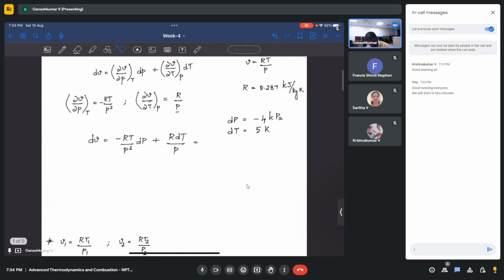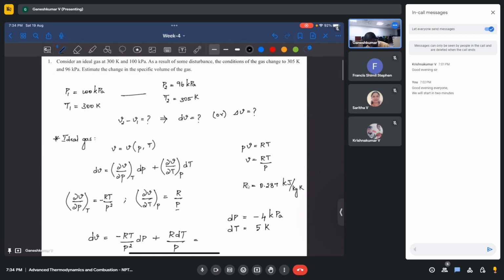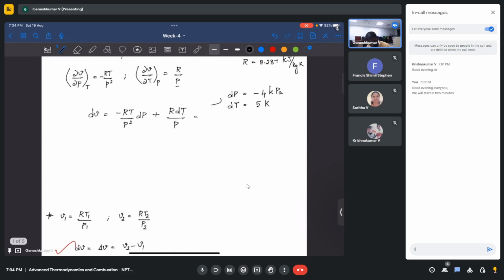If you go from the first state to the second state, you take the dP and the dT and substitute them here, and you will get the dV. This is one way. Or if you want, you can integrate it and also get it. Okay, so try integrating and let me know what happens.